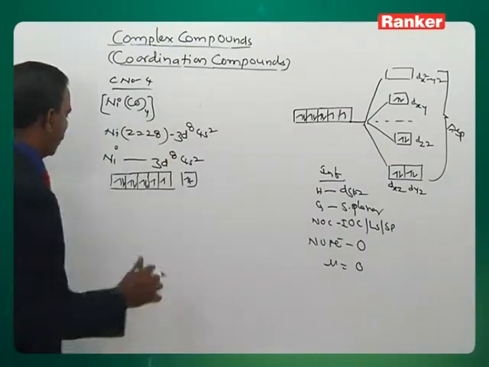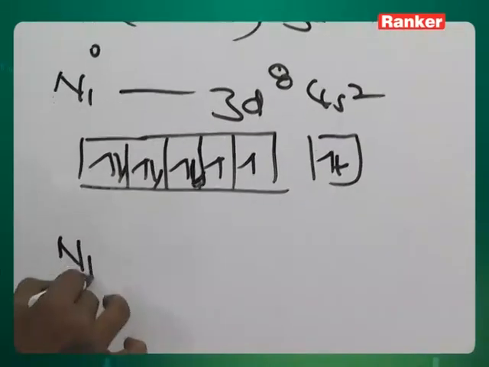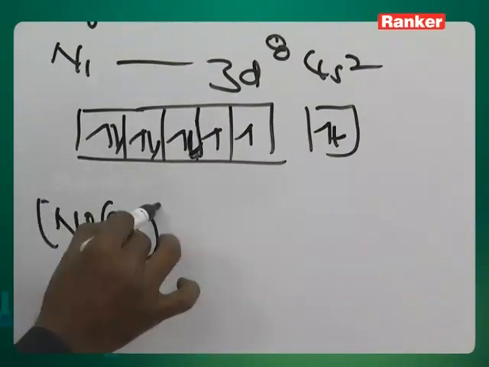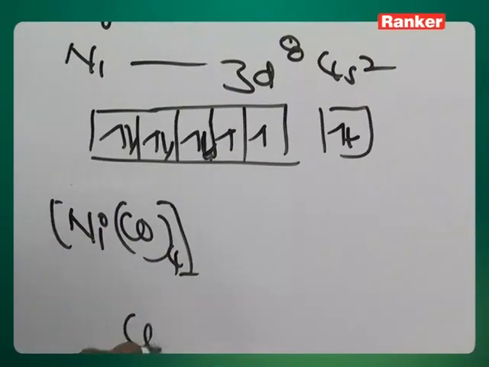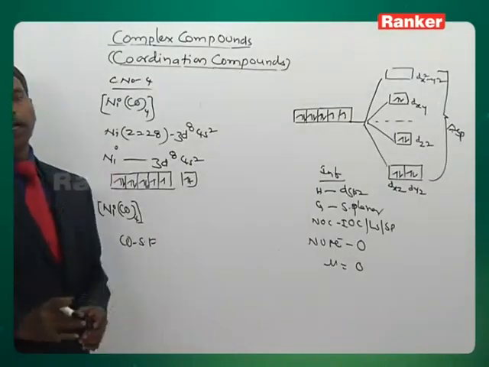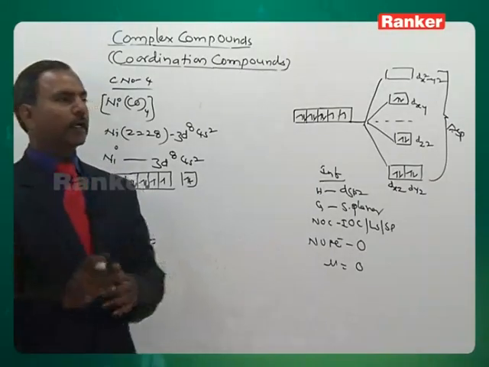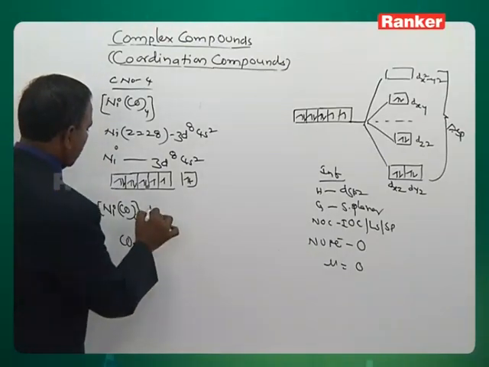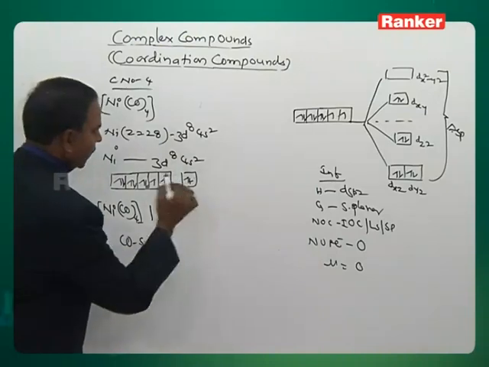Then for this particular CO, let me write the first complex, nickel tetracarbonyl. It is well known to you, we have already taken that CO is again a strong field ligand. Wherever a strong field ligand is there, the electrons have to get paired. Now for the pairing of electrons, you consider the s electrons also shifted to d.